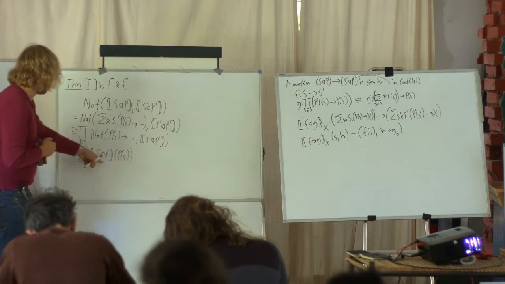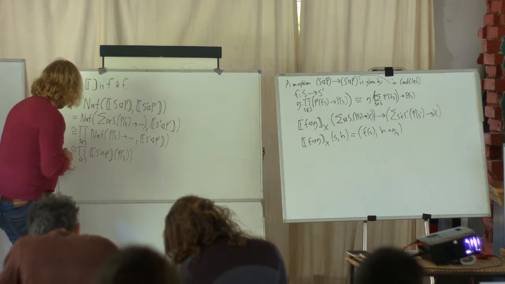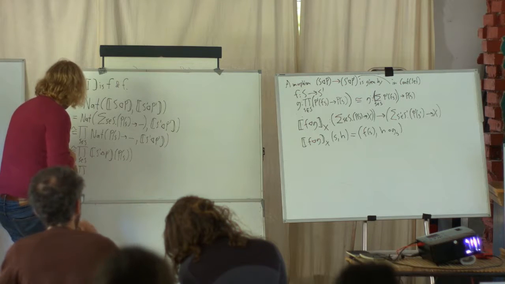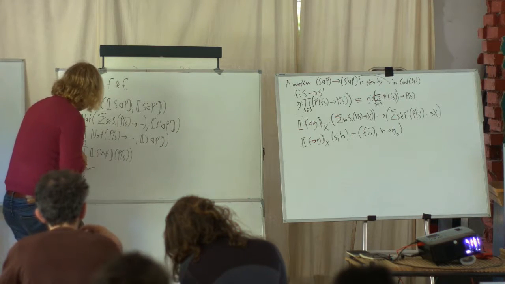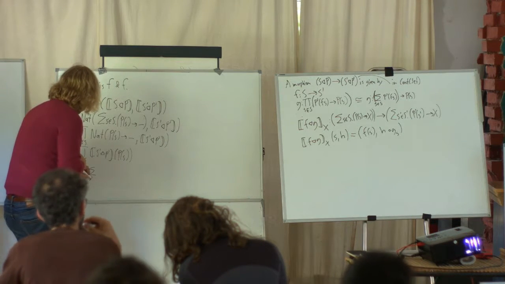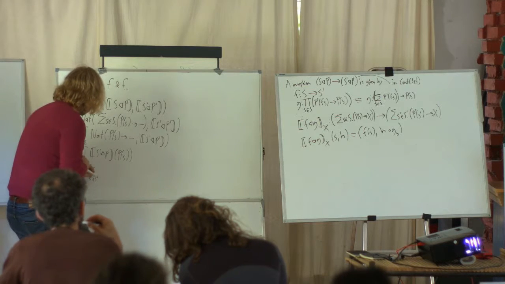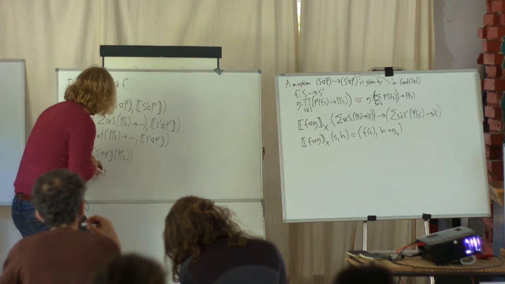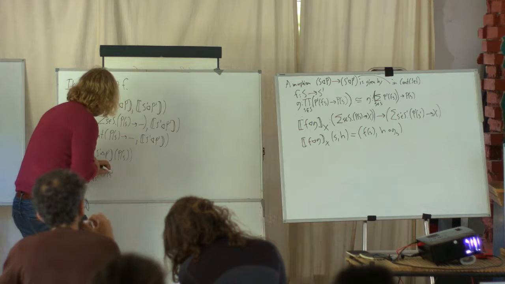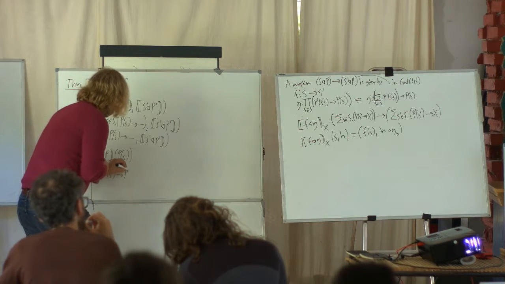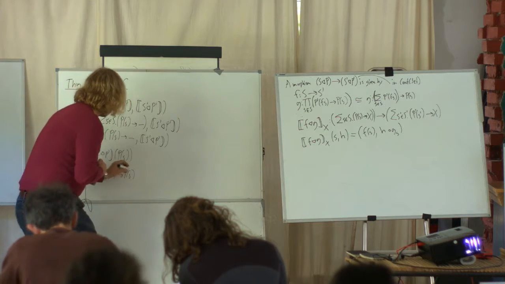Okay, so now we can expand this out. So for all S in S, we get a choice of an S prime in S prime, and then a function from P prime of S prime into P of S. That's my argument.